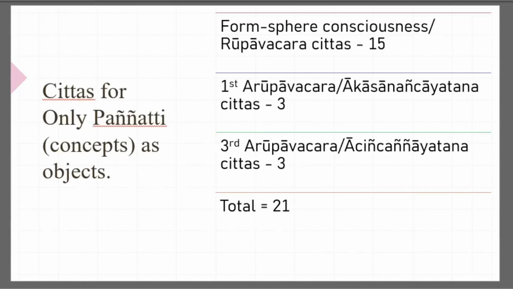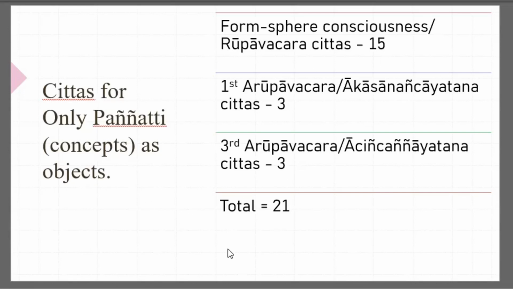There are 15 Rūpāvacara Cittas, 3 Ākāsānañcāyatana, 3 Ākiñcaññāyatana, altogether 6. These 21, 15 plus 6, can take only Paññatti objects, only conceptual objects.